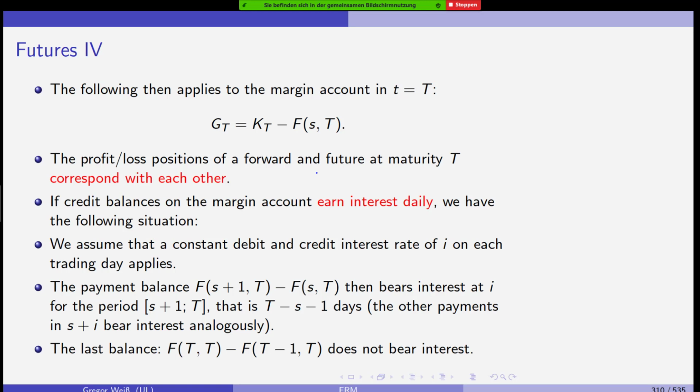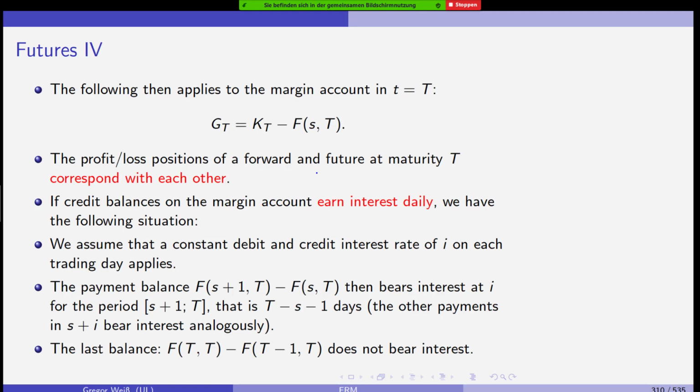But if credit balances on the margin account earn interest, we have a slightly different situation compared to the forward. With the forward contract, we can neglect any interest rate effects. But here, we cannot, at least if we have an interest rate that is non-zero. So let's assume that a constant debit and credit interest rate of i applies on each trading day.